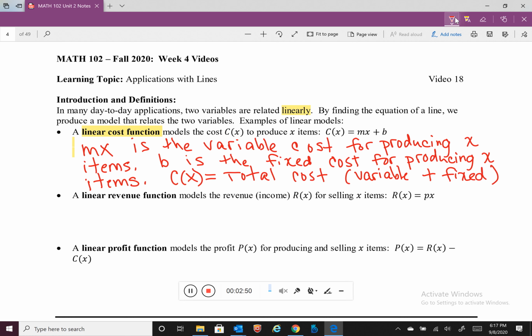So if we are producing items, we probably want to sell them, and if we sell them, we're going to sell them for a particular amount of money.